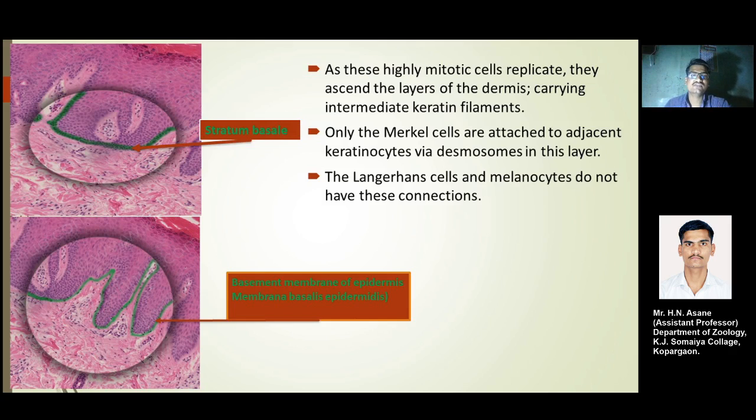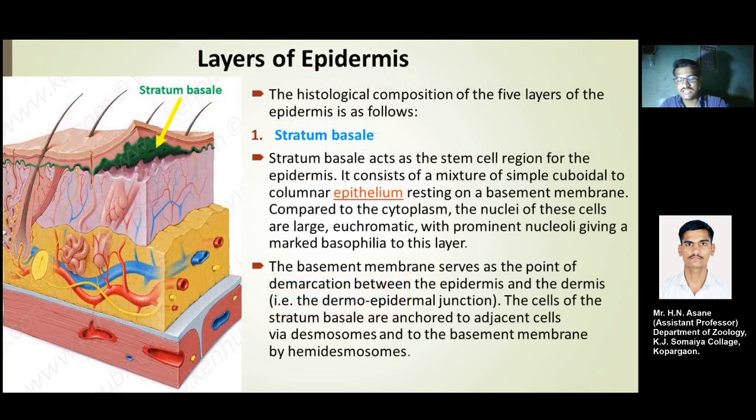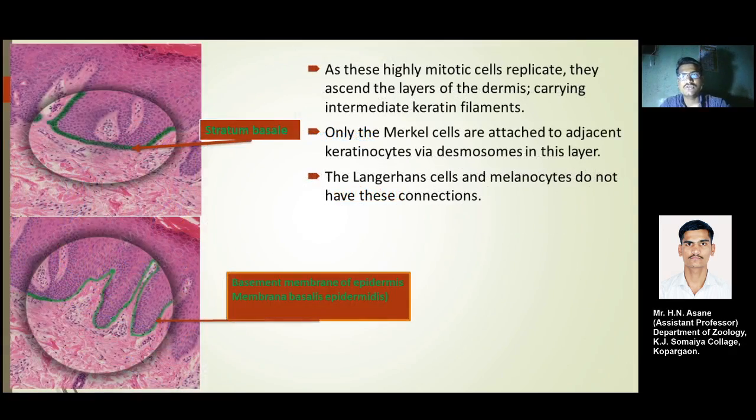As you can see in the picture, that is the stratum basale layer. This was a diagrammatic representation, and this is the actual histological image of the stratum basale. As highlighted in the green strip, that will be the stratum basale layer.